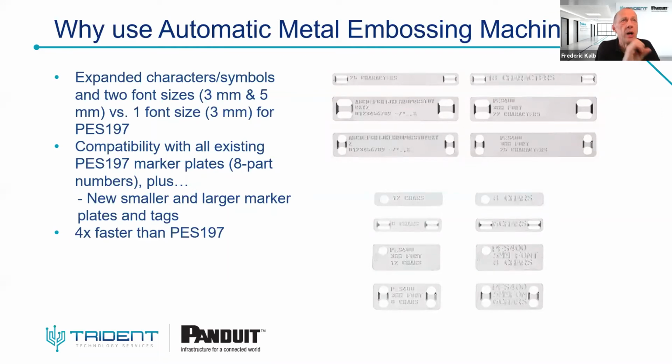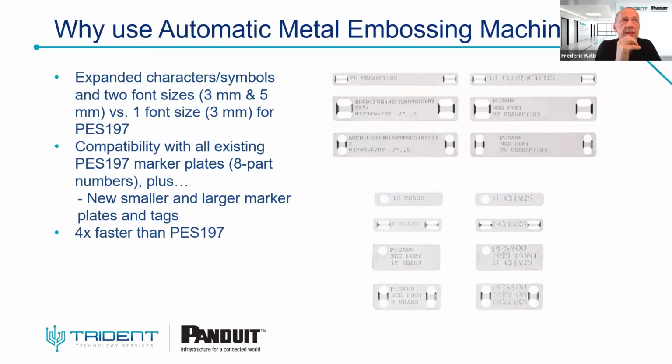You see on the slide that we refer to the PES 197. So this was our previous embossing system. Perhaps some of you have seen it or are using it. It's still a great machine, but we needed to move to the next step, let me say it that way. The PES 400 allows us to do this.